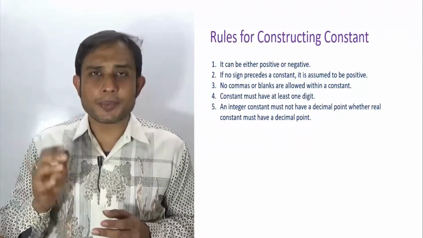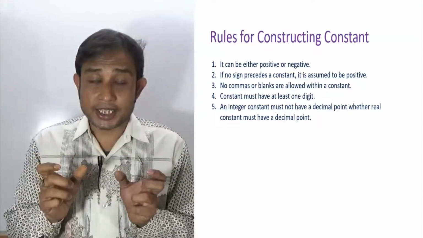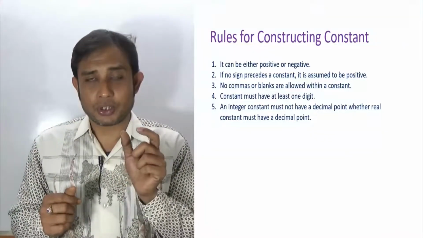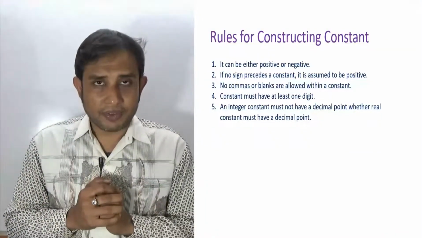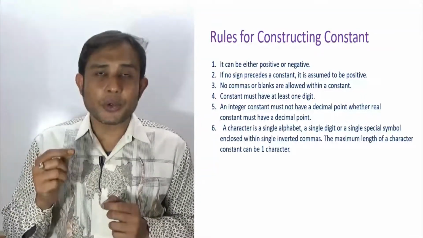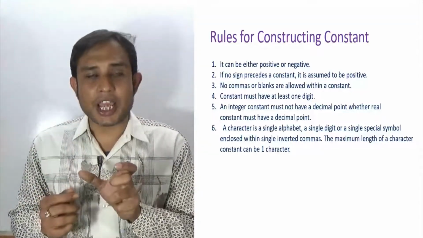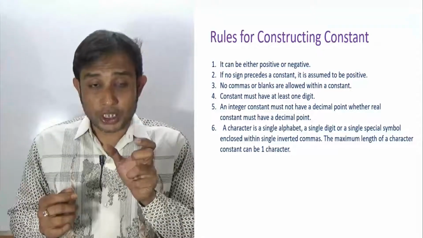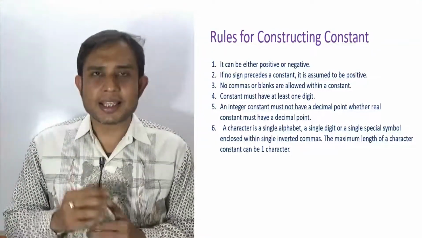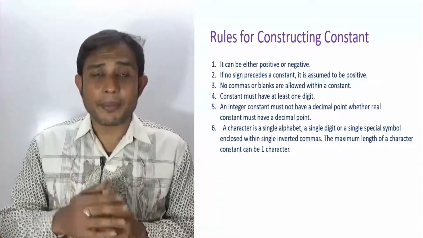No blanks or spaces are allowed within constants. A character is a single alphabet, single digit, or single symbol enclosed within single inverted commas, and a character constant can contain only one character.